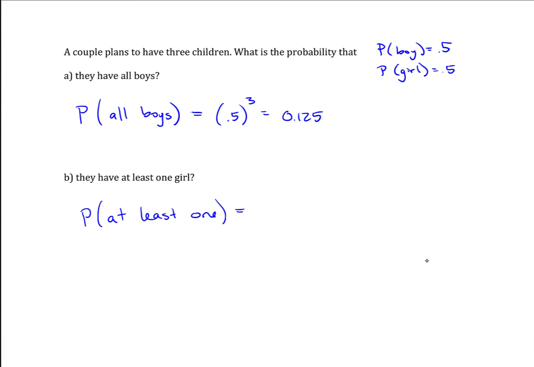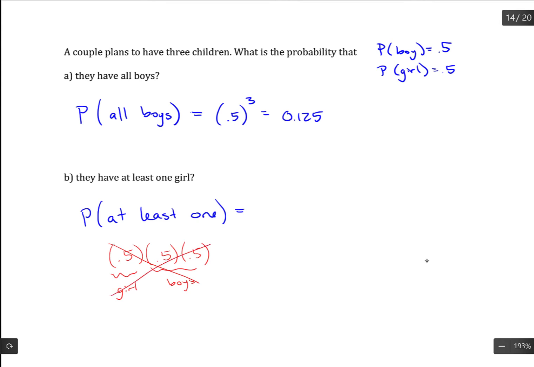So one way that I have students trying this problem is to do something like, all right, well, the probability of a girl is 0.5, probability of a boy is 0.5, and the probability of another boy is 0.5. So I have one girl here and then 2 boys. So that's at least one girl, so that should be my probability. Now, recognize I wrote this in red because it's wrong.